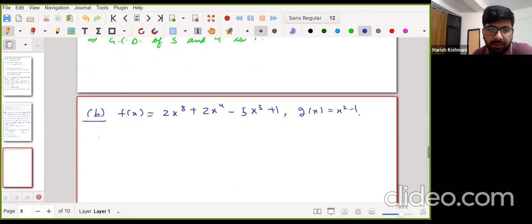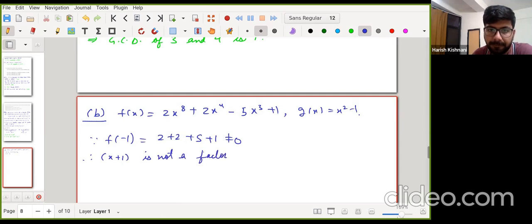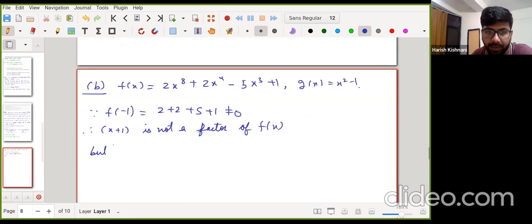So f of minus 1, if you put it, is going to be 2 plus 2 plus 5 plus 1, not equal to 0. Therefore, x plus 1 is not a factor of f(x), right? But f of 1 is 2 plus 2 minus 5 plus 1, that is equal to 0.